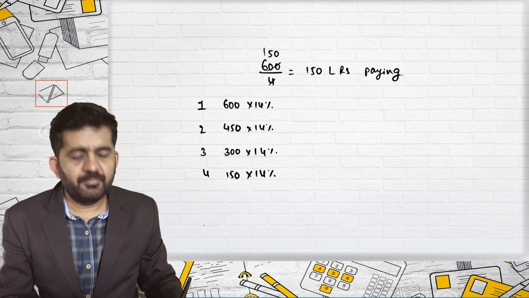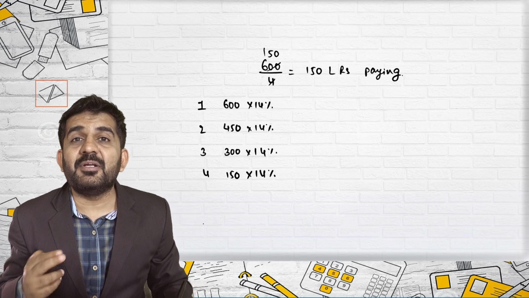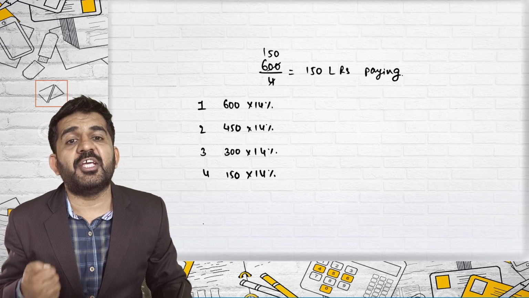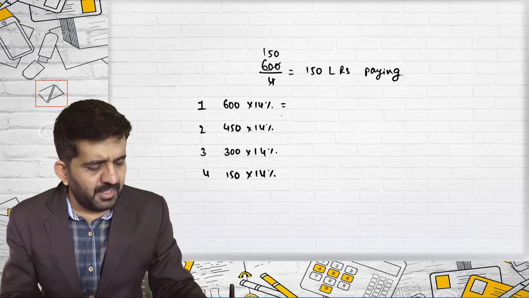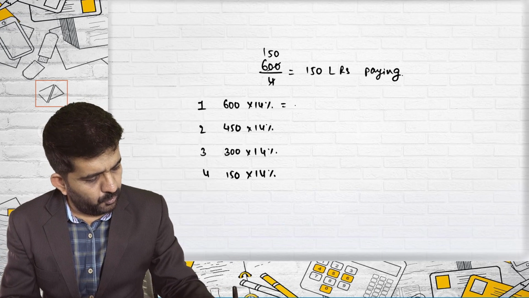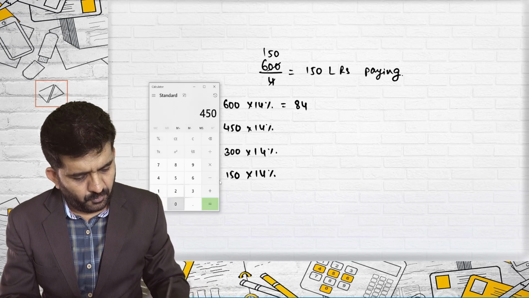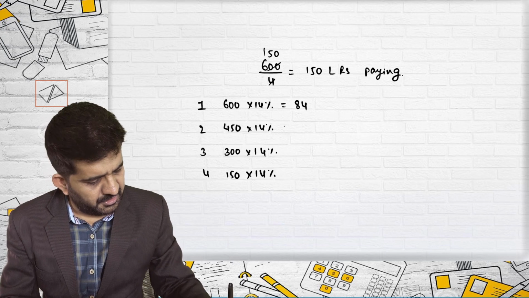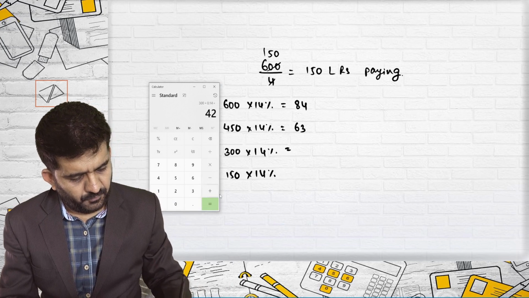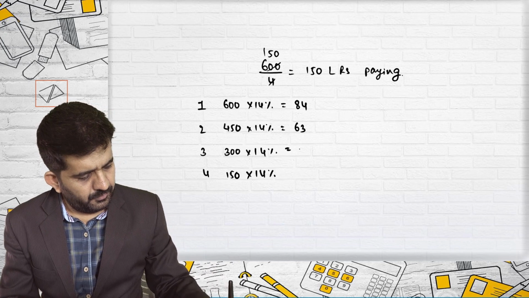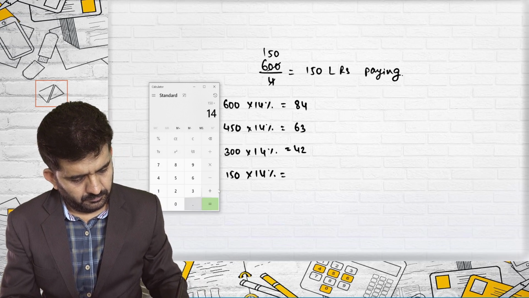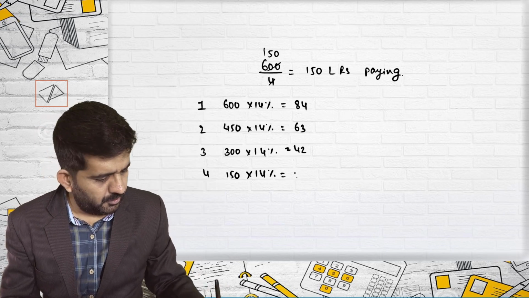So this will be interest. Principal repayment is not an expenditure, so I am not considering it while finding profit, but it is my cash outflow, so for cash outflow I will consider it. 600 into 14% is 84. 450 into 14% is 63. 300 into 14% is 42, and 150 into 14% is 21.